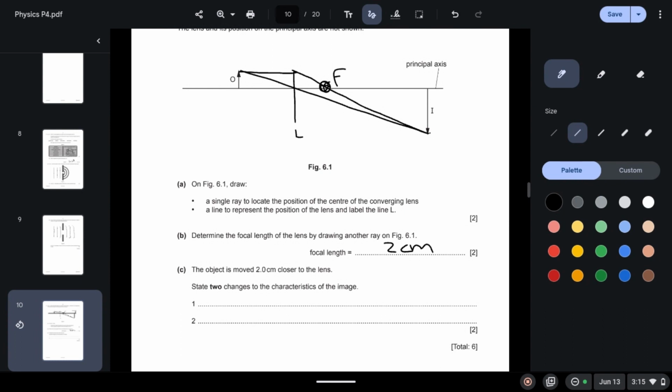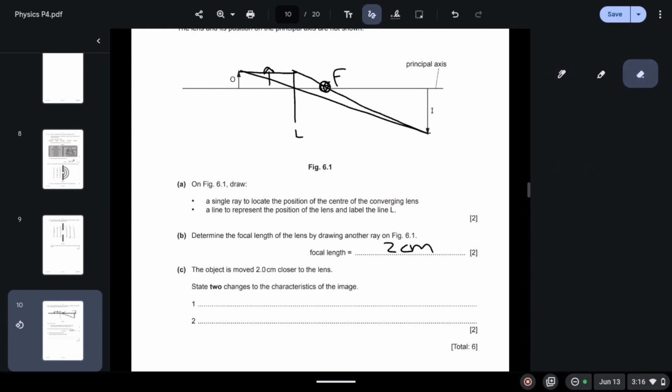The object is moved 2 centimeters closer to the lens. State two changes to the characteristics of the image. So the object is moved closer to the lens. So the object is moved over here. So when the object is moved closer, we have to draw.